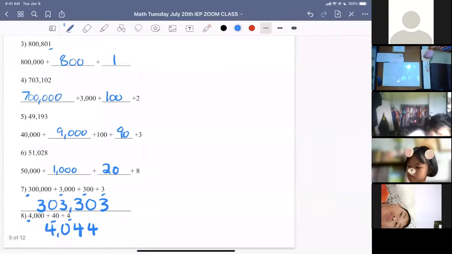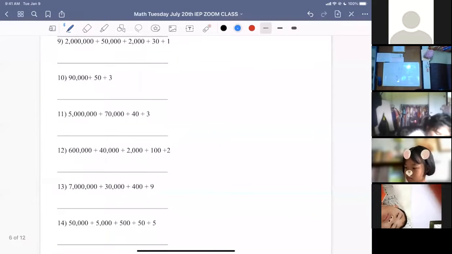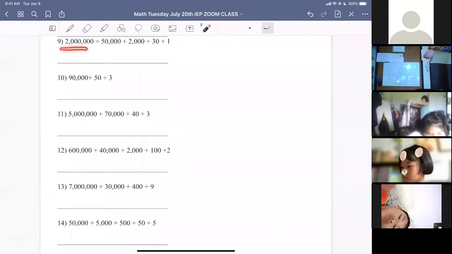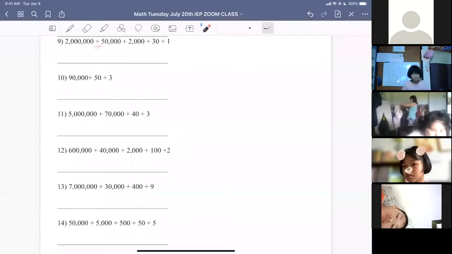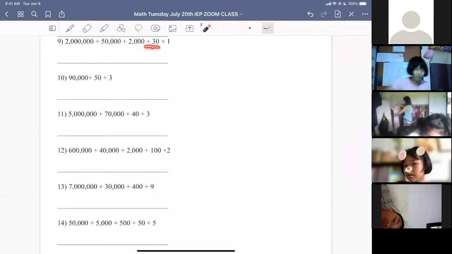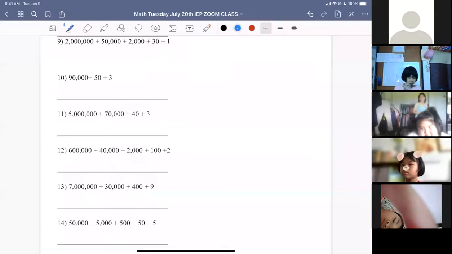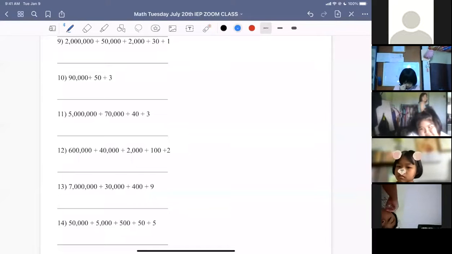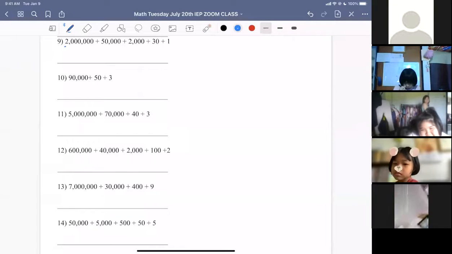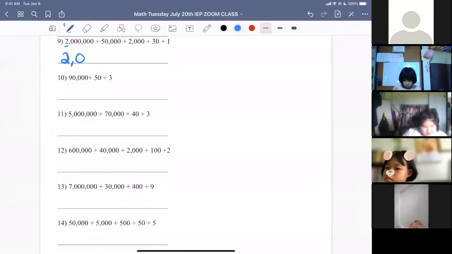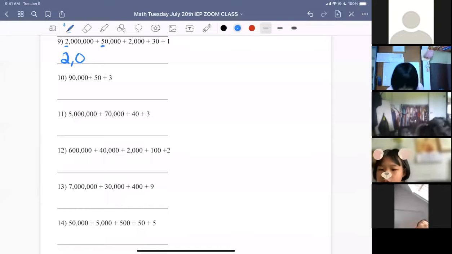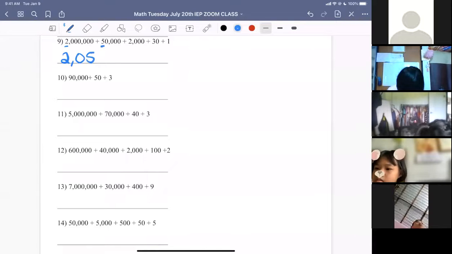There we go. All right, next one. Number 9. I have 2 million plus 50,000 plus 2,000 plus 30 plus 1. 2 million. We're going to write the 2 in the millions place. Do we have 100,000s? No. We have 10,000s? Yes, we do. We have 50,000. Do we have thousands?